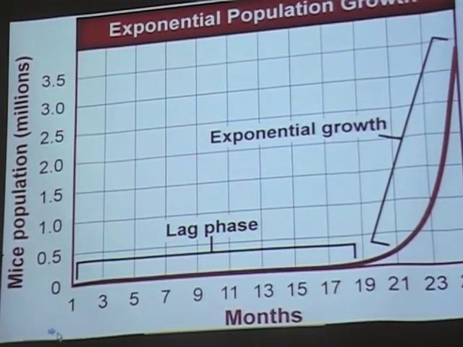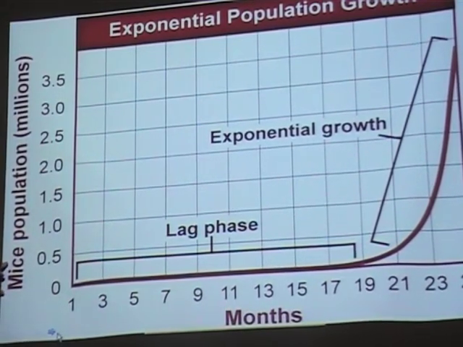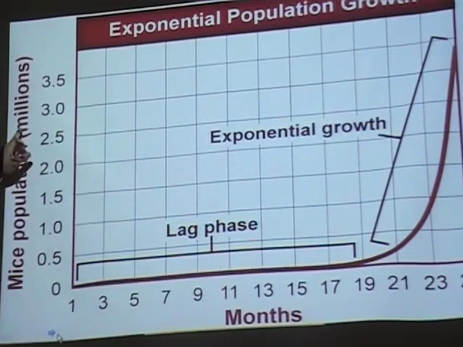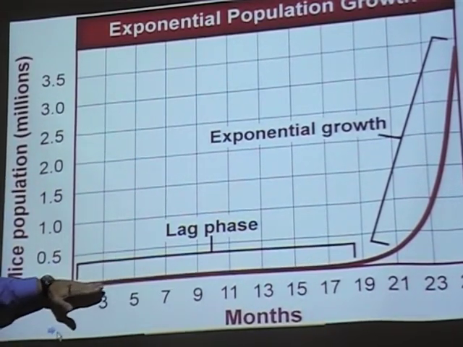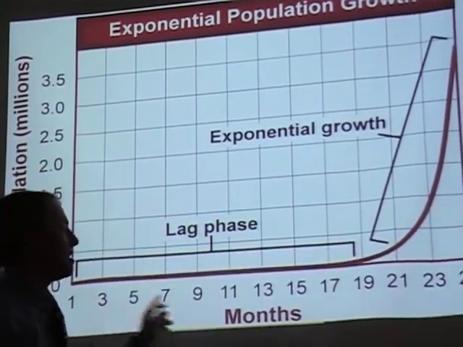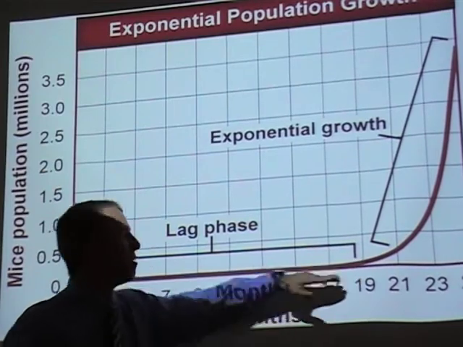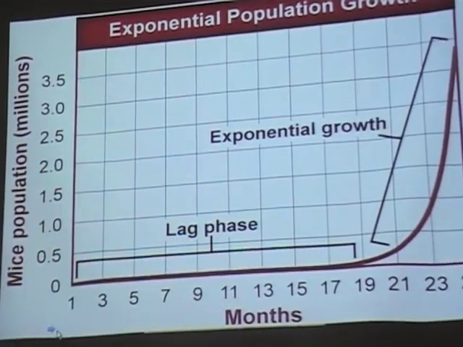Mice in a field. Let's do mice since that's what they have in this graph. This is in millions, by the way. If you count the number of mice in millions, you start low, and you'll see this lag phase. You always see a lag phase. 19 months in, there's not very many mice. But then, the population takes off.